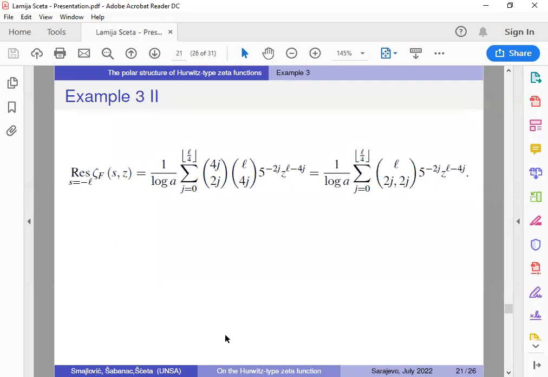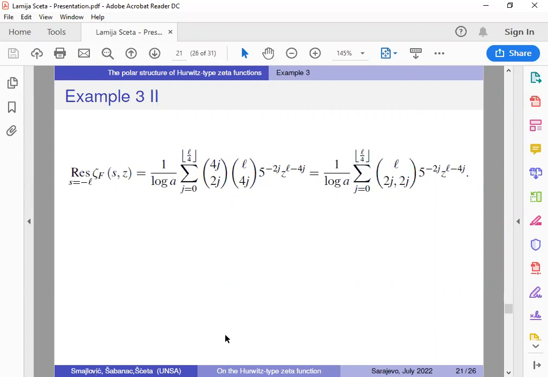Okay. For each of these examples, when you take a negative integer and compute the residue, the residue can have some interpretation.